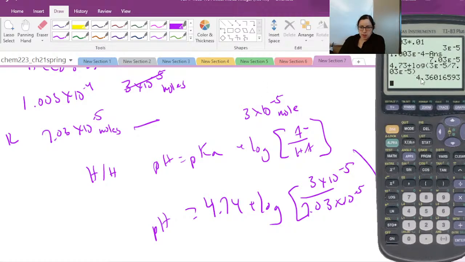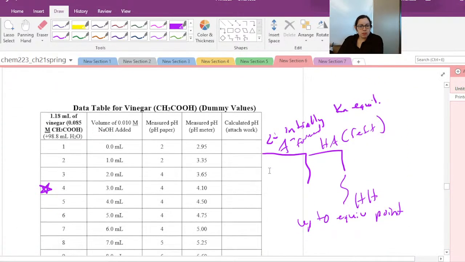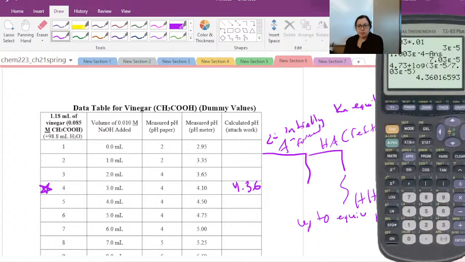And so then we have our pH of 4.36 roughly, and let's see if that's roughly what they found here. You know, a little off, but I expect it to be off on the calculations anyways. Well, that looks pretty good.